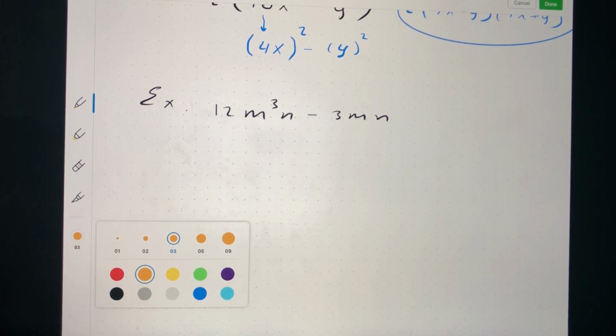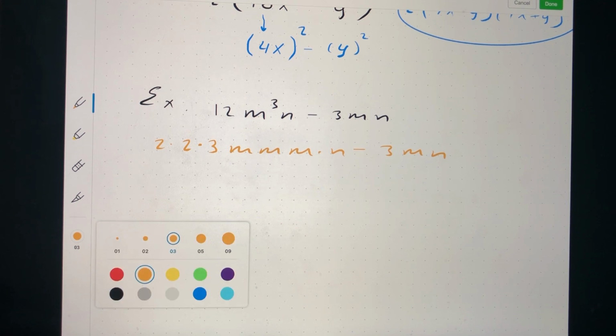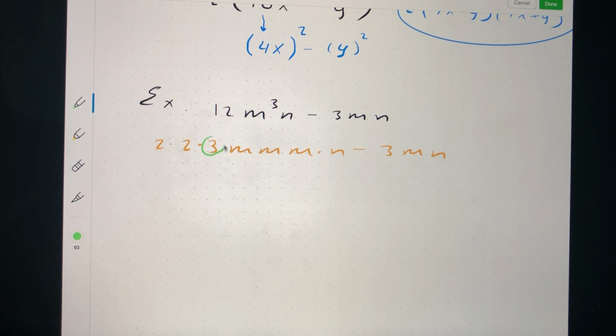12 can be written as 2 times 2 times 3, and then m cubed is just 3 m's, and then 1 n, and 3mn is already as simple as it gets. So what's the most that is in common? Well, the 3 is in common among the numbers, so we take out the 3.